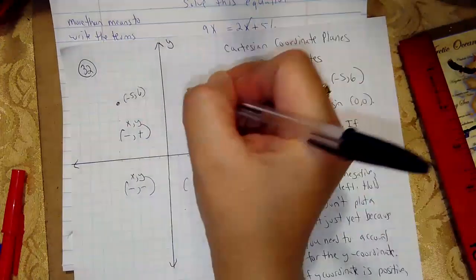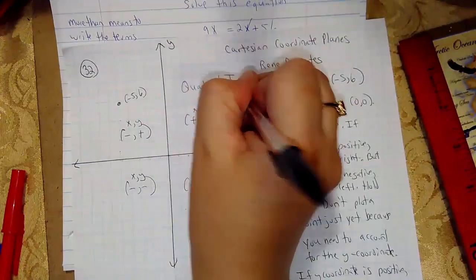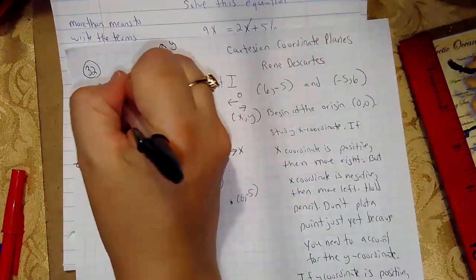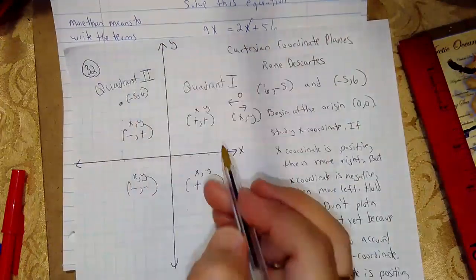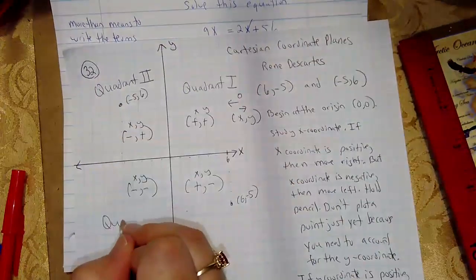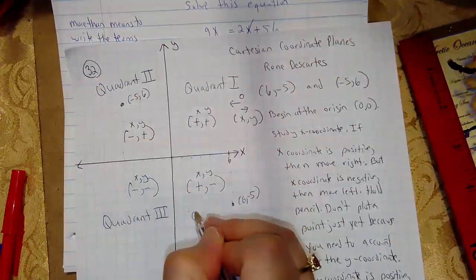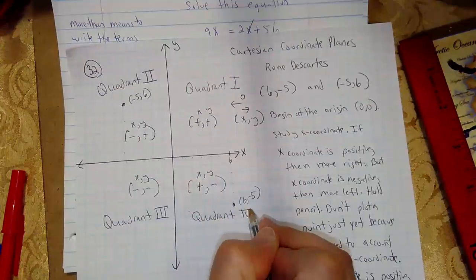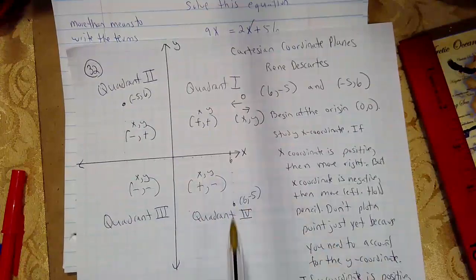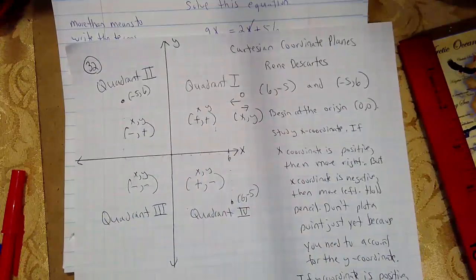So this is called quadrant 1, this is quadrant 2, quadrant 3, and this is quadrant 4. So it goes counterclockwise, 1, 2, 3, 4.